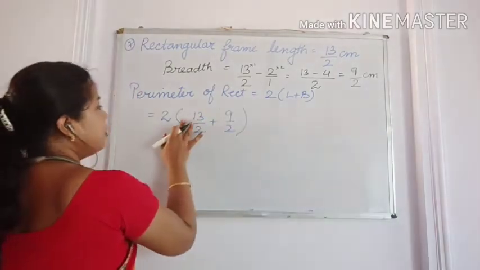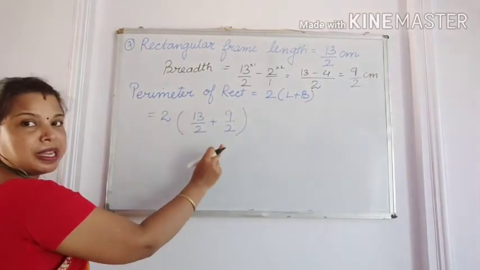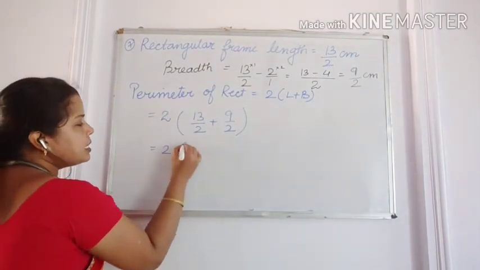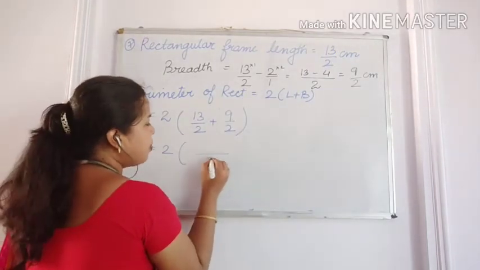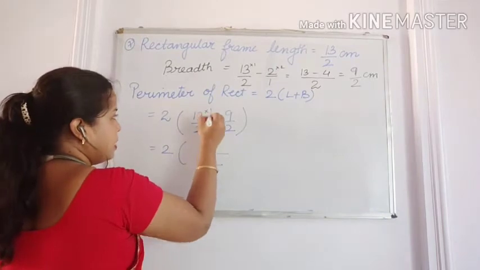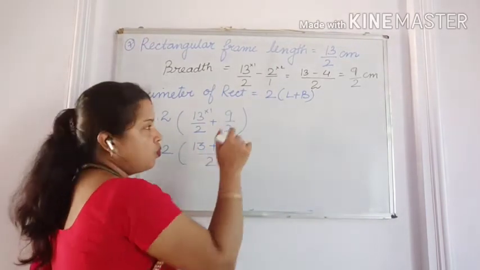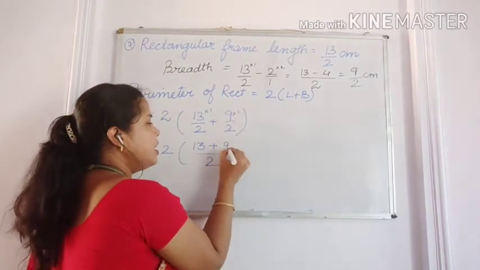Student, before also I told you, suppose fraction form is here, plus minus sign is here, so we will take LCM. Denominator is same, so no problem. 13 plus 9, 22 upon 2.